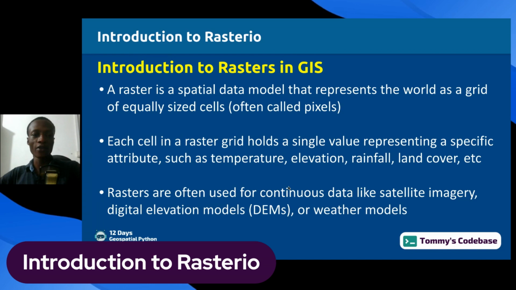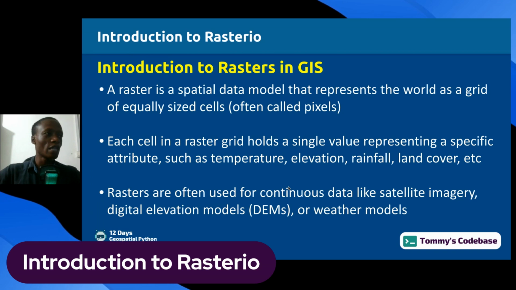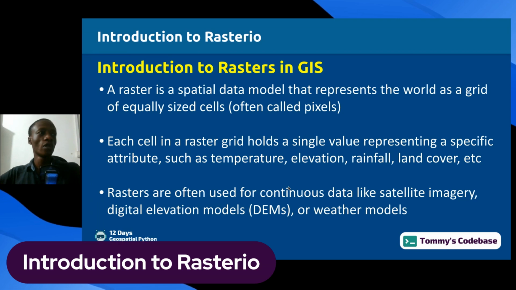So if you have a raster file for temperature, each of the cells holds a value that represents the temperature at that particular point. If it is elevation, the value there is elevation. If it is rainfall, whatever it is, that particular cell or pixel holds that value for that place.